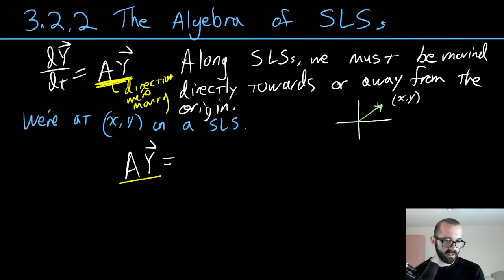And if it's a negative multiple of this vector, then we're moving directly towards the origin. What is this vector? This is the vector (x, y), which is denoted here.